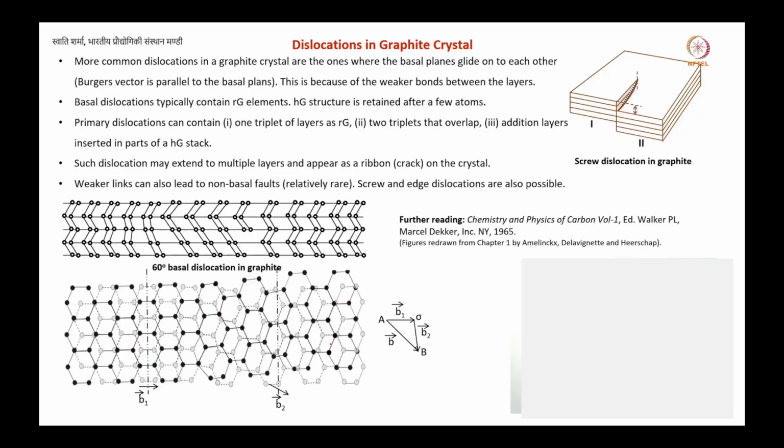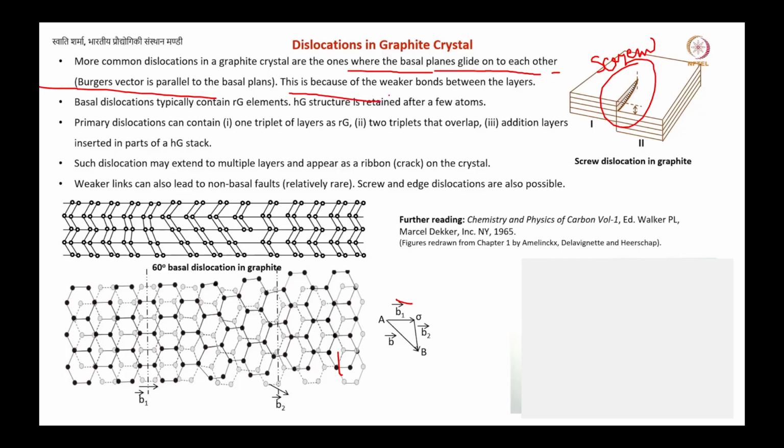So here, dislocation in graphite crystal, this is your screw dislocation. The more common dislocations in graphite crystals are those where the basal planes glide on each other. So the Burgers vector is parallel to the basal planes in graphite. This is because of the weaker bond between the layers.